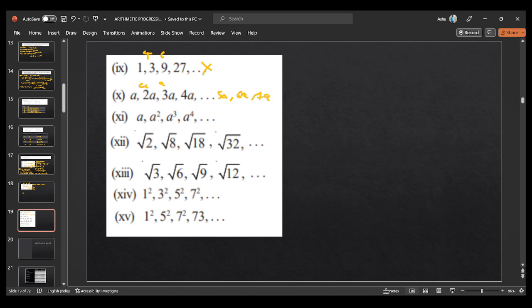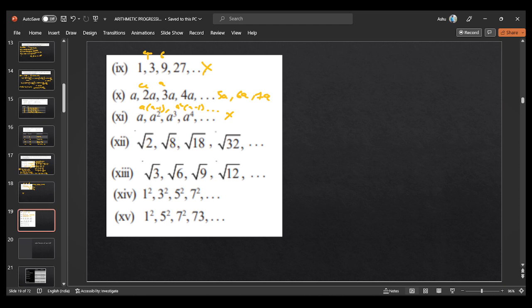Now the difference between a square minus a, because this is exponential, so an exponential series will never be an AP. a square minus a and a cube minus a square, if we take a square common, a square into a minus 1, so it is not an AP.